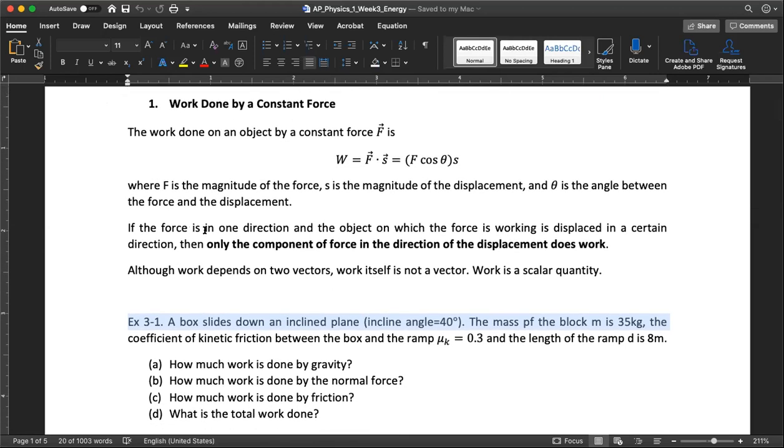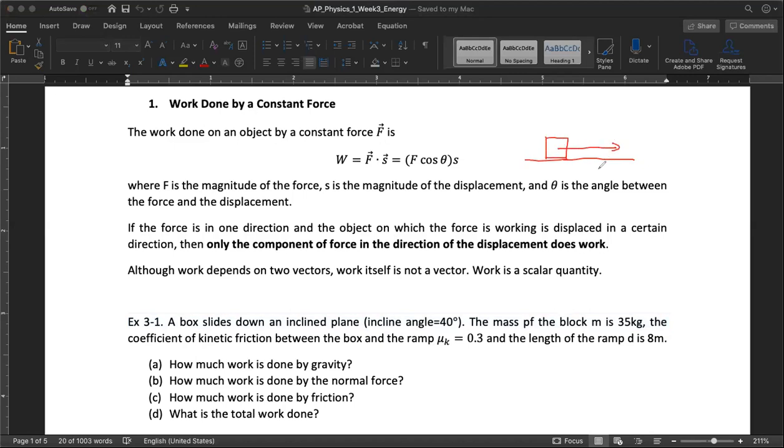If the force is in one direction and the object on which the force is working is displaced in a certain direction, only the component of the force in the direction of the displacement does work. For instance, we have an object here moving in that direction with displacement s, and the force is pointing this way.